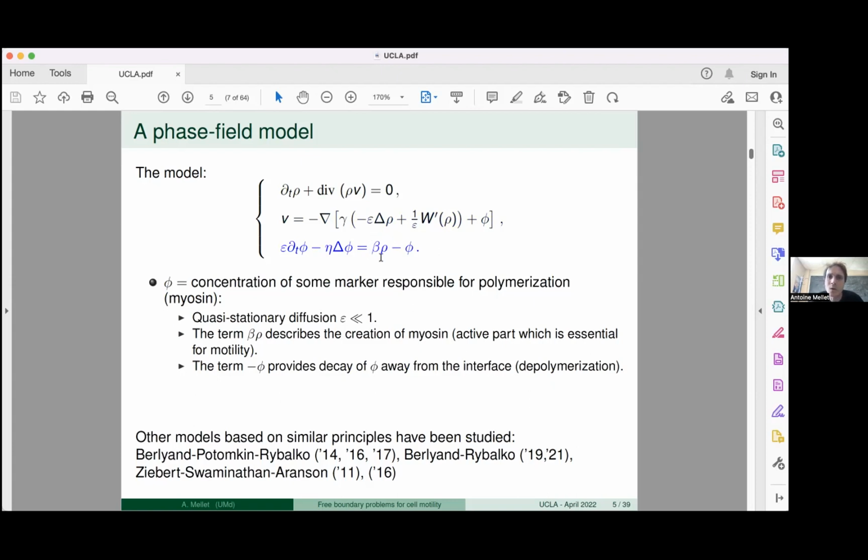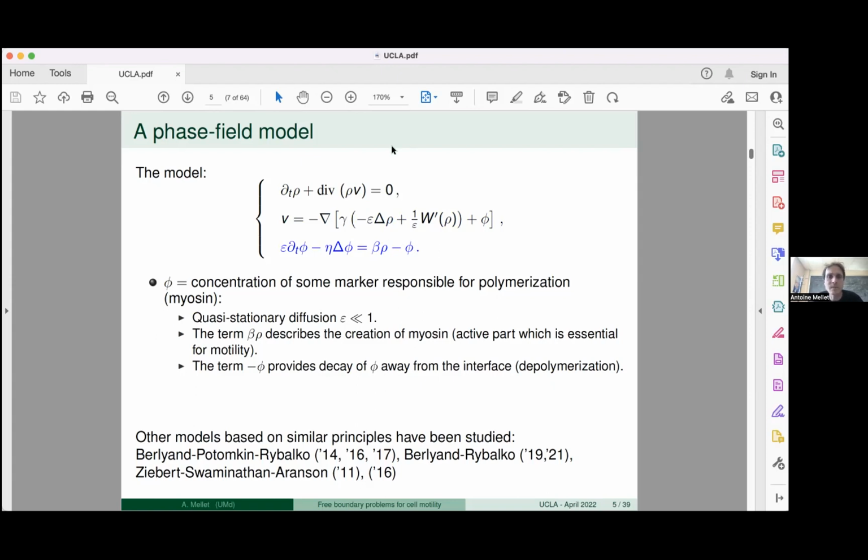The beta rho term is the creation of myosin, and that's the active part of this system, which is very important to see any kind of motion. And the minus phi is the decay and the depolymerization inside the cell.